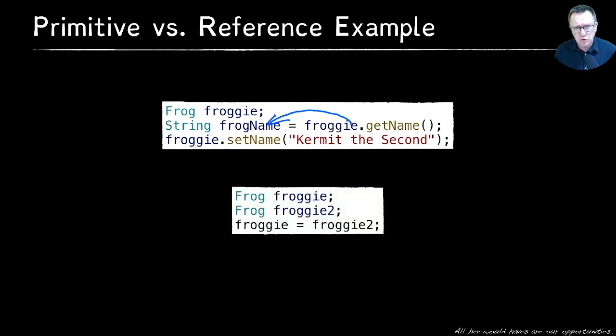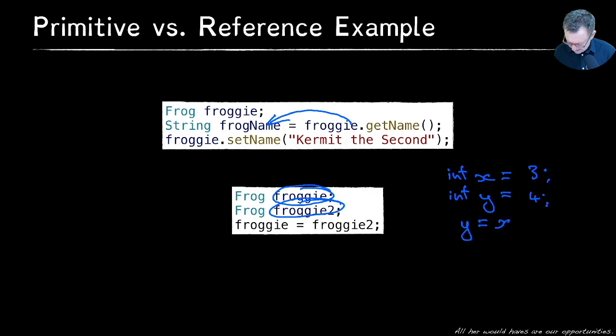What a lot of people then want to do is go, okay, froggy and froggy2, and then I say froggy is assigned froggy2. So what did we do? We created two objects, froggy and then froggy2, and it's a bit like if we say int x is assigned 3, int y is assigned 4, and then we say y is assigned x.